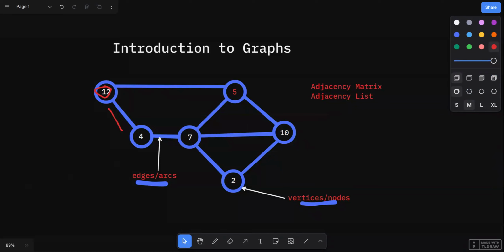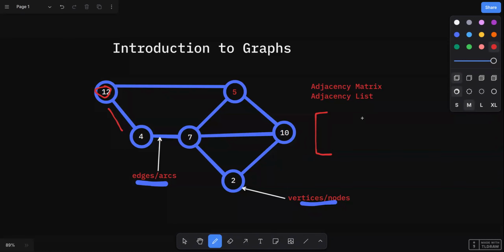Starting with the adjacency matrix, think of it like a 2D array where rows represent vertices and columns also represent vertices. If an edge exists between two vertices, then the corresponding matrix entry is marked, and we often use zeros and ones. It looks like this, just a rough representation.